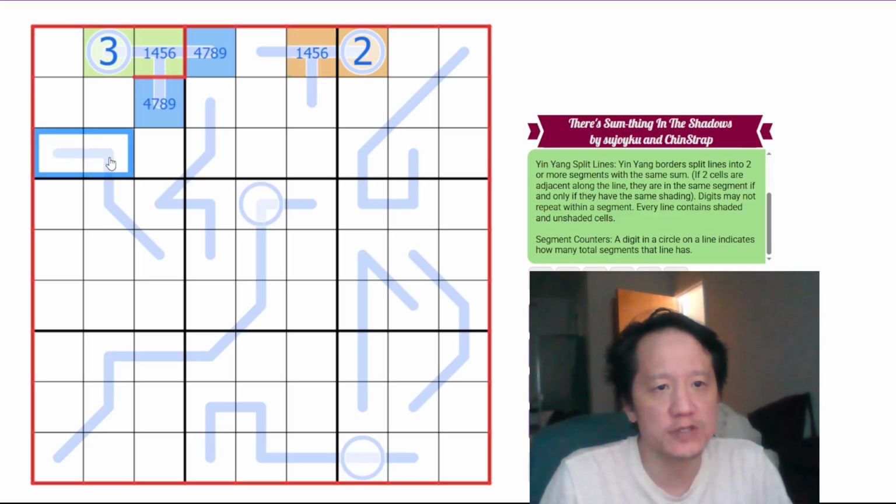This must be the same segment as this. If it's not the same segment here, then these would have to, well, it's not true. You could have a different segment and then this is a different segment.